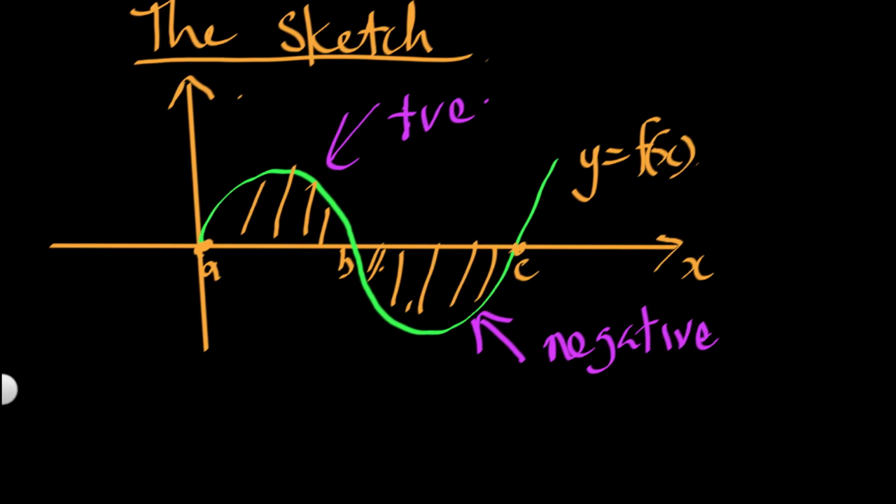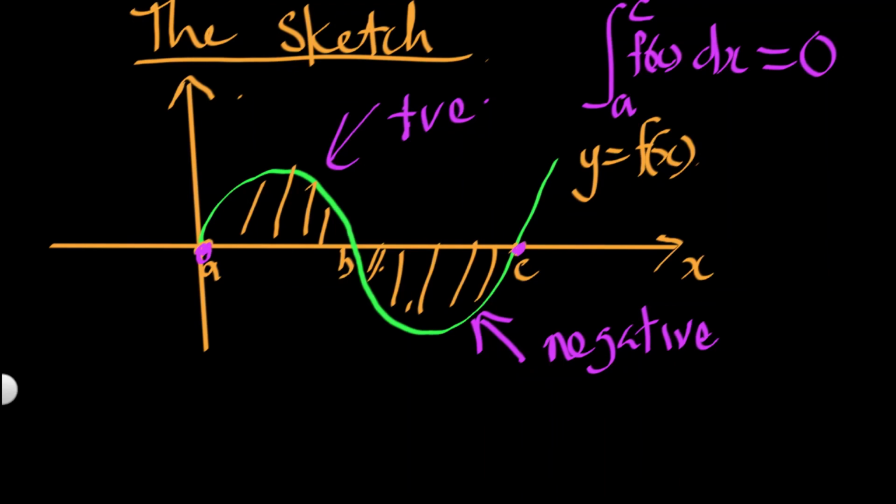If you integrate directly from A to C, in other words, if you integrate f of x dx from A to C, you're going to find 0. The area is going to be 0. Why? Because you're adding a negative number here and a positive number. If you add them, you get a 0. That is what integration is doing.